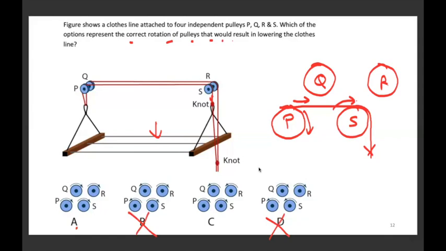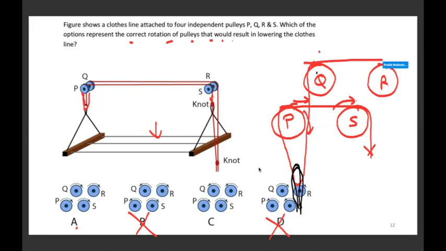If you observe this knot, P से वो नीचे जा रहा है and फिर ऊपर जा रहा है. So this knot will actually come here and then it attaches to the cloth line here and then goes to Q. Okay, and then Q का फिर वो अटैच हो रहा है R से.